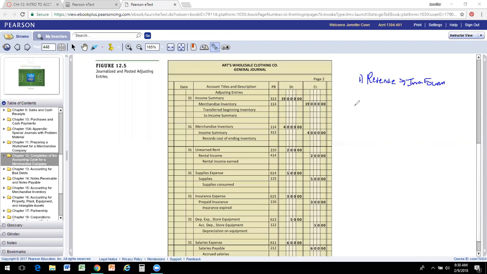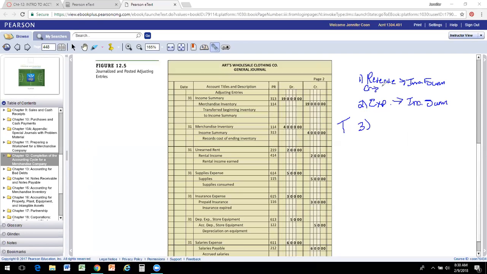Then our second one is going to close out expenses to income summary. Then our third entry, I don't know if you guys remember, but I would always say at this point, go make yourself a T account. Up here, when we close out revenue, revenue has a normal credit balance, right?